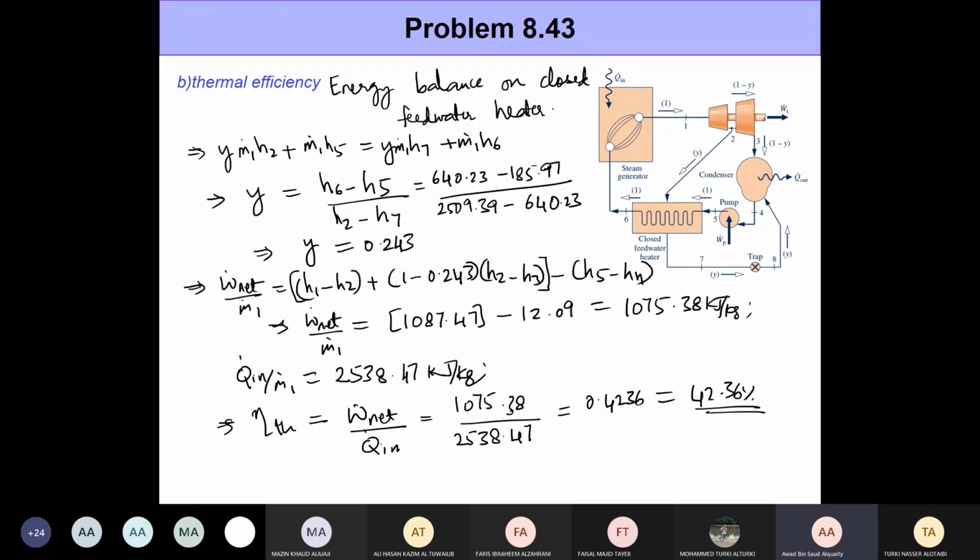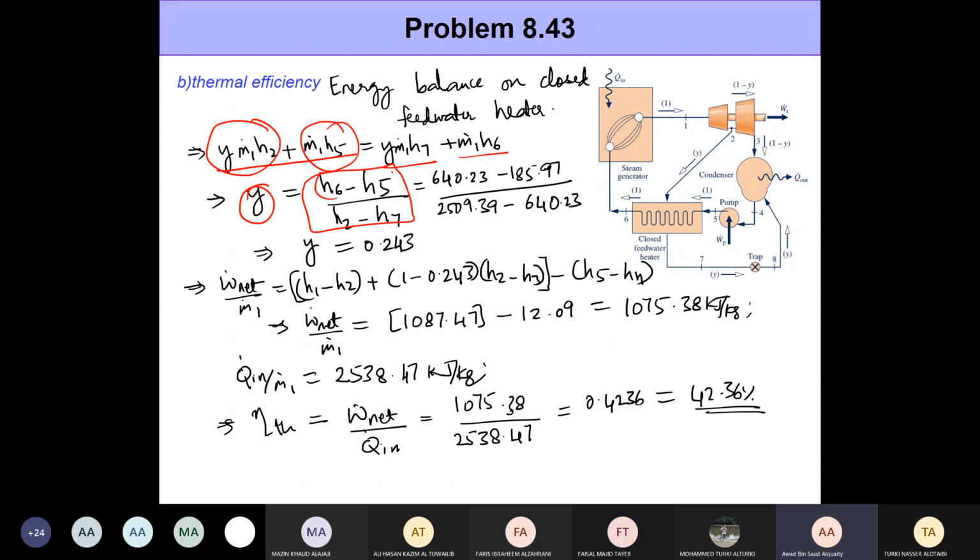So we just discussed how to apply energy balance to the closed feed water heater. You just have to take care of the two inputs here, right? One is the hot fluid coming in with y times m dot 1 and the cold fluid coming in with m dot 1 times h5, and going out at two different enthalpies with the same mass flow rates at which they came in. So be sure that the y for a closed feed water heater in this configuration comes out to be this equation.